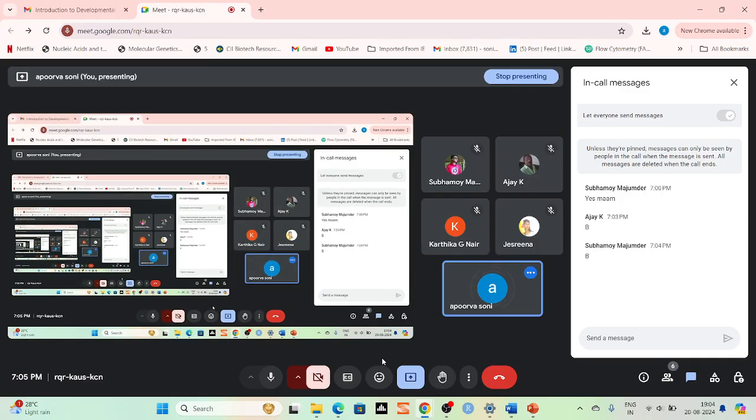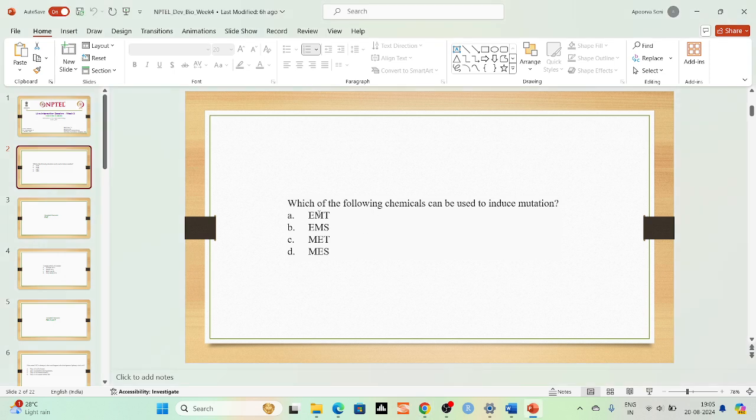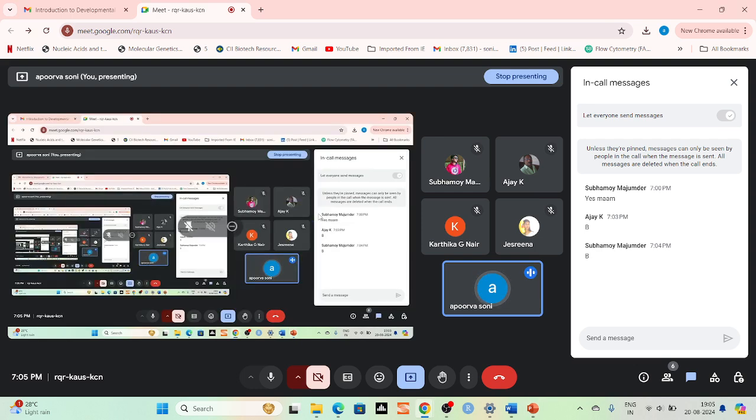Okay. So Shubhamoy and Ajay have answered B, which is EMS. So can anybody tell me what is the full form of EMS? What is the full form of EMS?